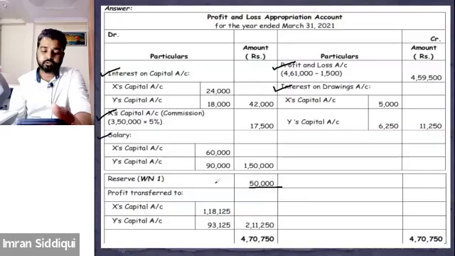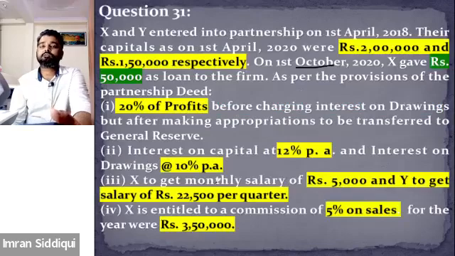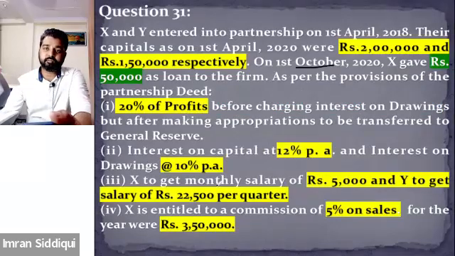There was a profit before charging. Okay, so the first item in the question says 20% of the profits, 20% of the profit before charging interest on drawing, but after making appropriation to be transferred to general reserve.